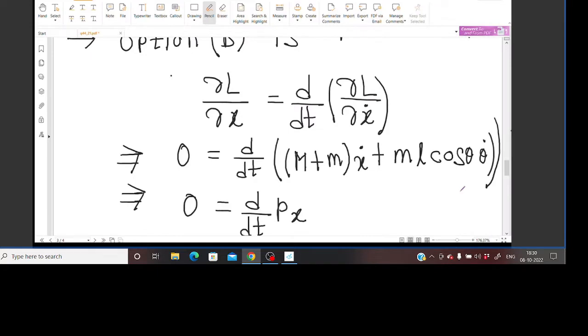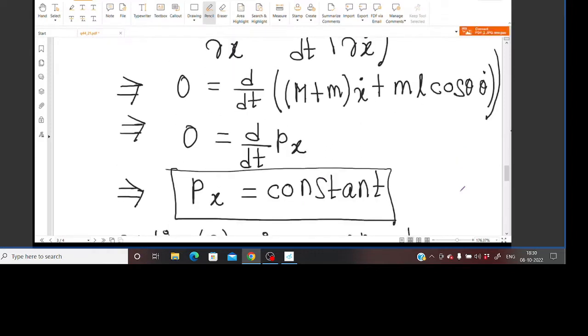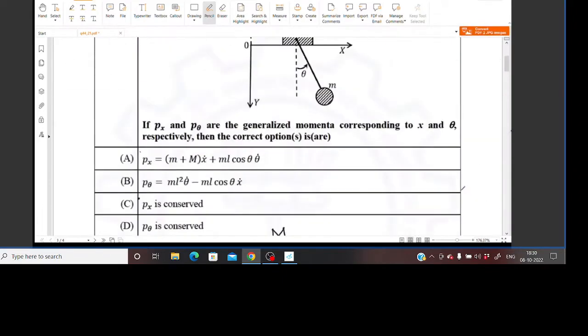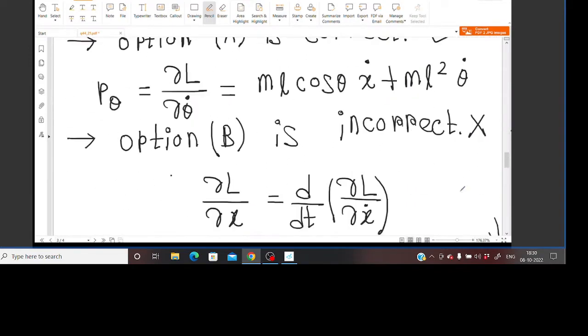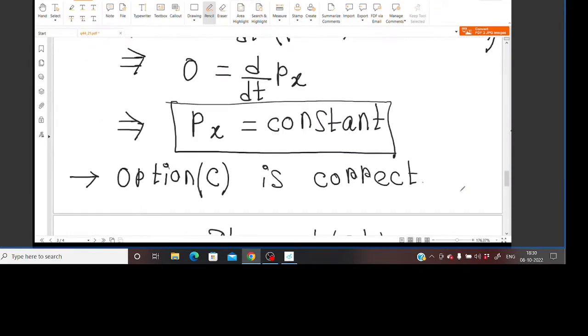Now px is equal to M plus small m into x dot plus ml cos theta into theta dot. So the equation of motion turns out to be dpx dt equal to 0. This means px is constant. In option C, we have px is conserved. So option C is correct.